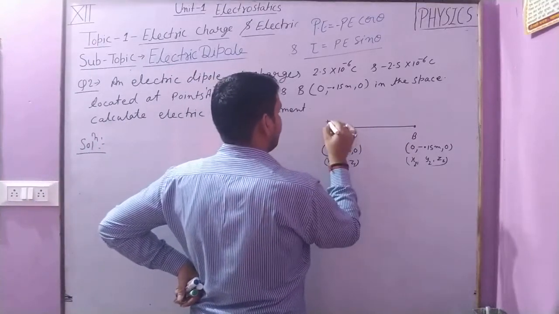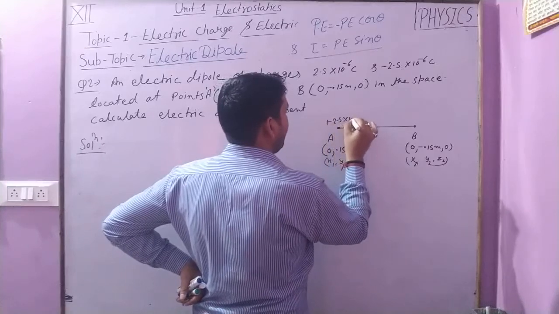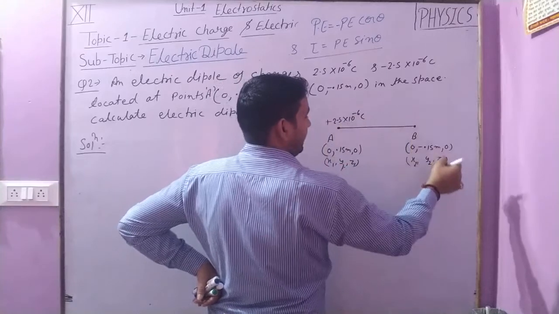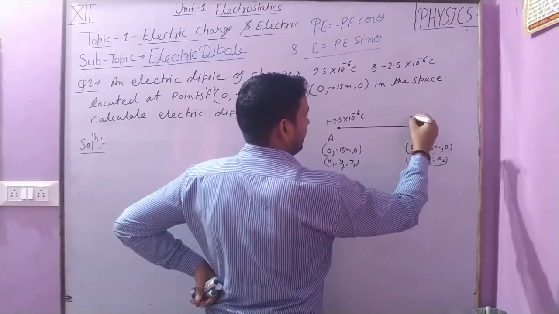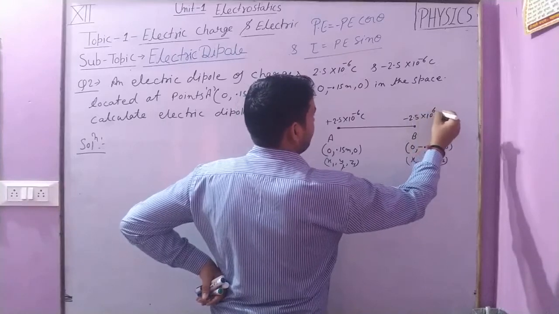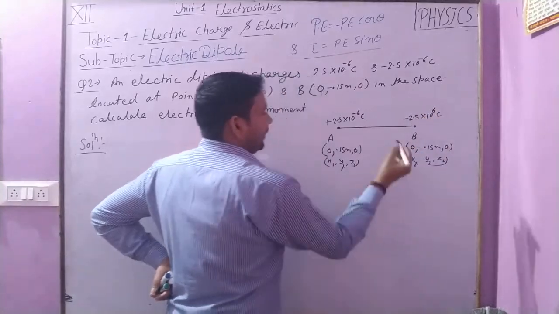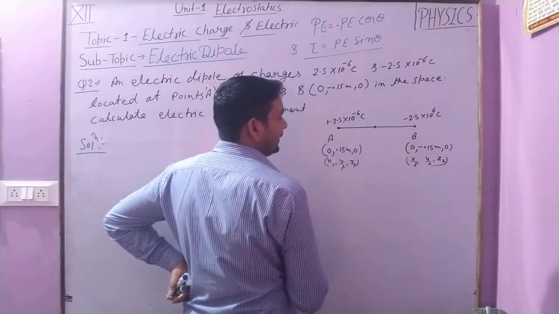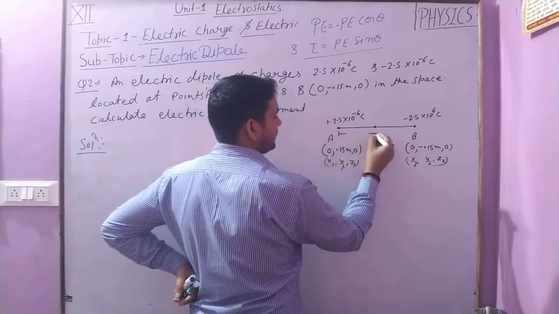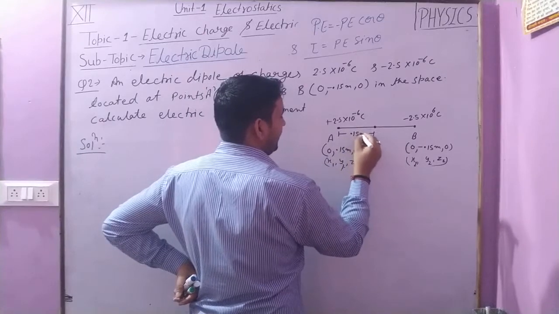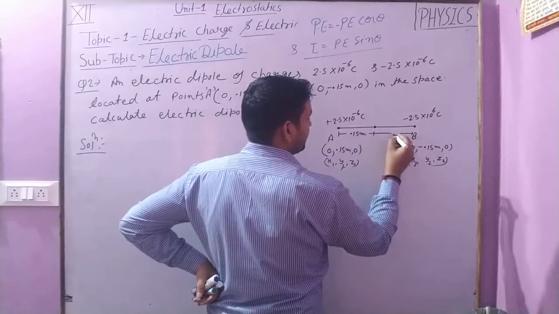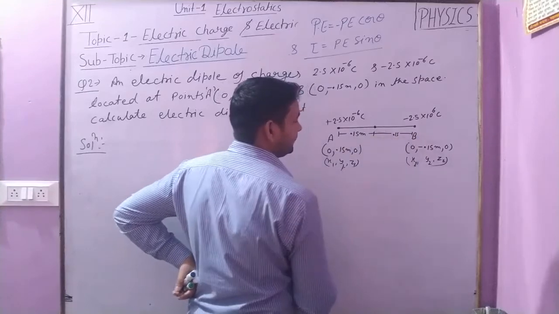This is positive 2.5 into 10 to the power minus 6 coulomb, and this is minus 2.5 into 10 to the power minus 6 coulomb. Here this is the center of the dipole, and on the y-axis we have 0.15 meter, and from here to B is again 0.15 meter.